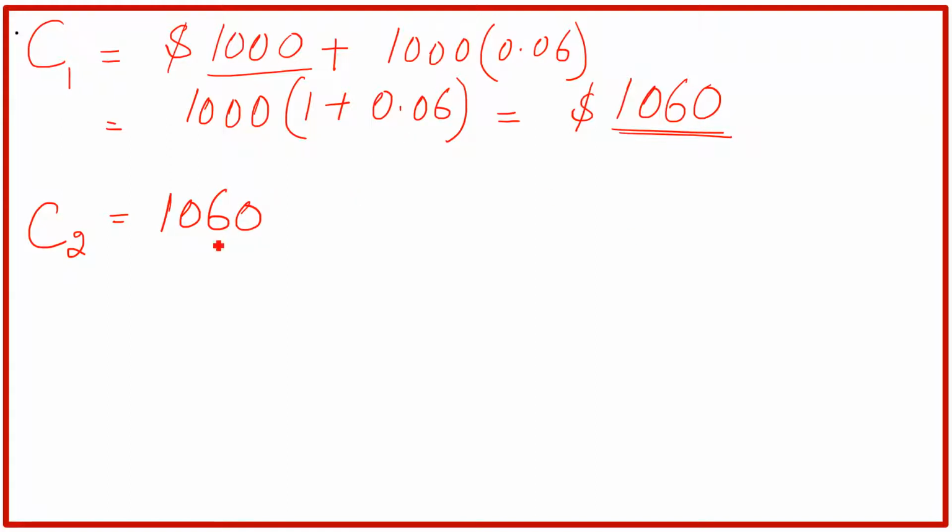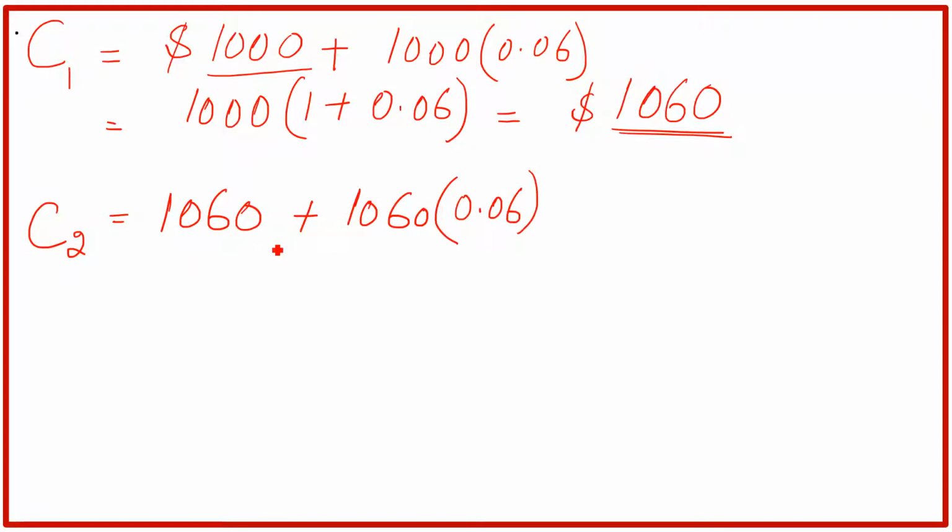We are not using for the second year the original investment. We are using our investment plus the interest, which is $60. So you will get 6% interest on this amount, on principal plus interest amount.